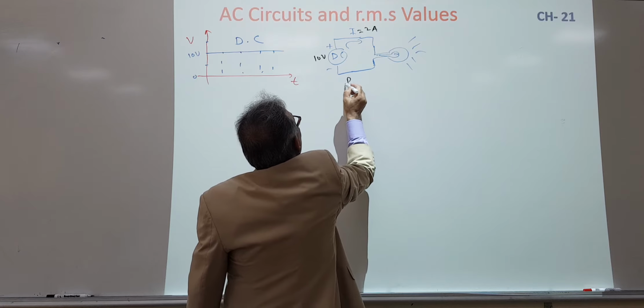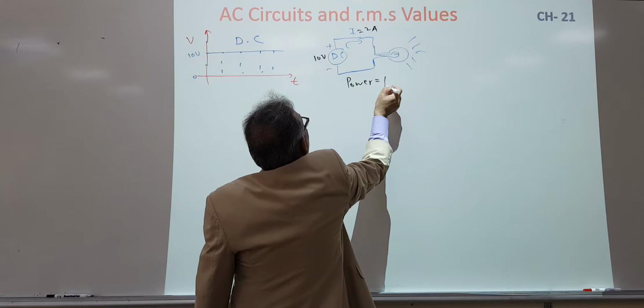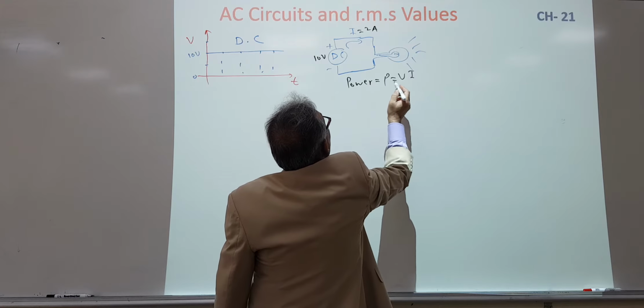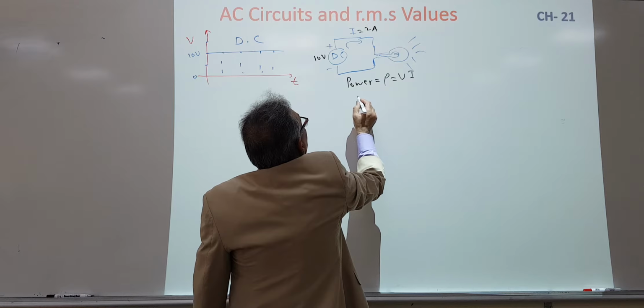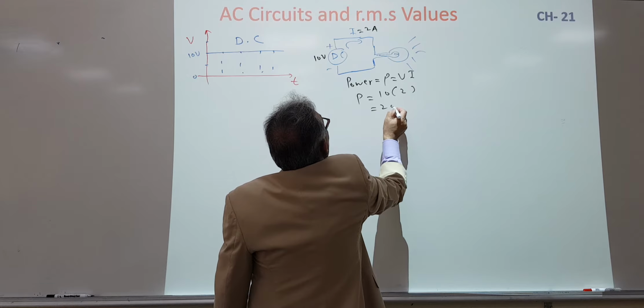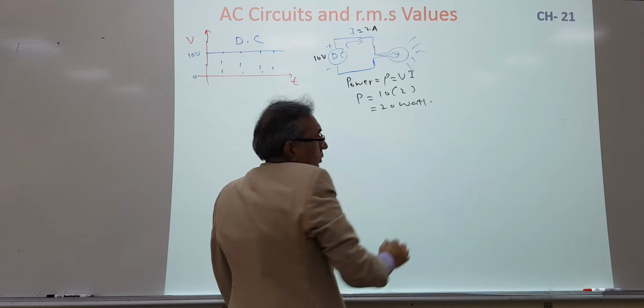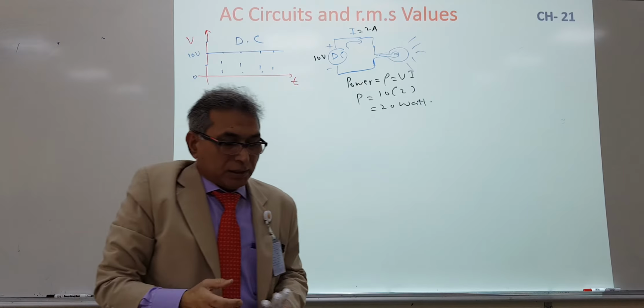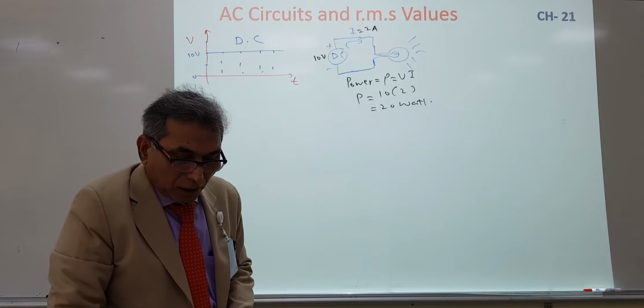So power calculation is easier in DC: voltage multiplied by the current. Voltage 10 times 2, so 20 watt is the electrical power.